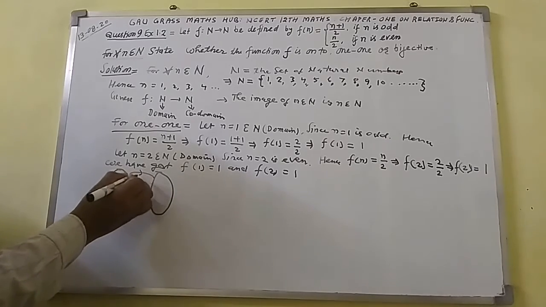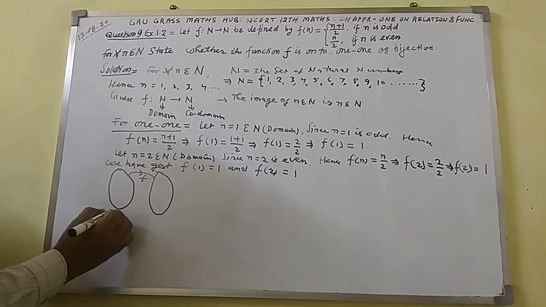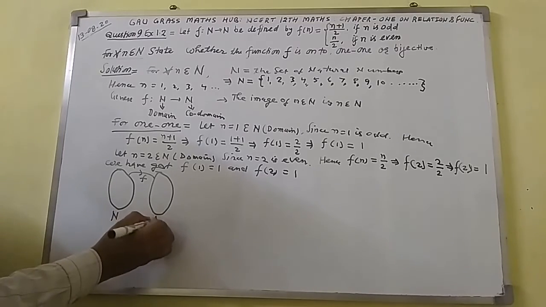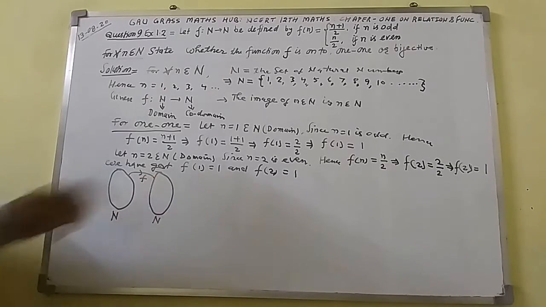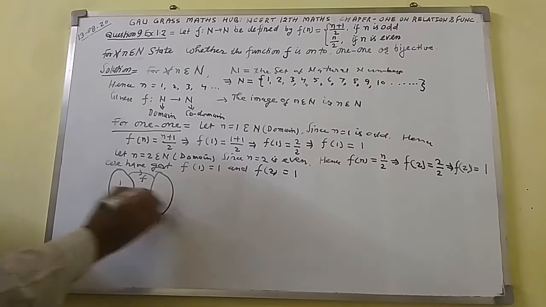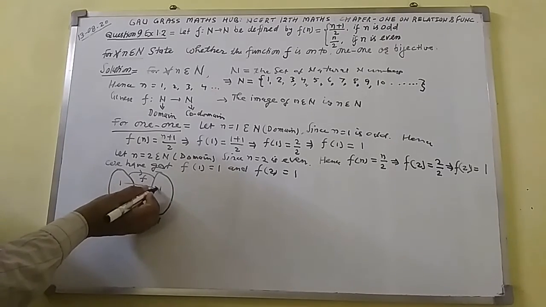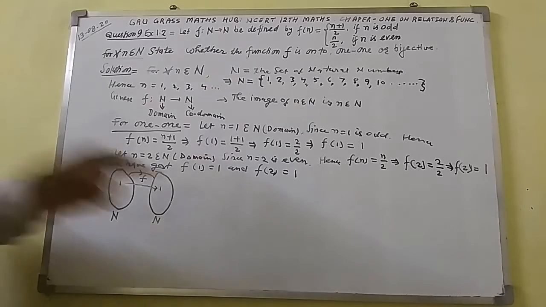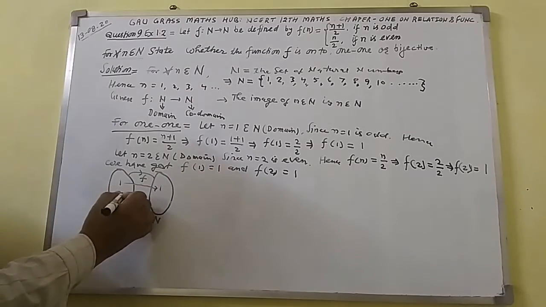This is the function related to set capital N. So here you can see image of 1 is 1. The image of 1 is 1. And here it says image of 2. The image of 2 is also 1.